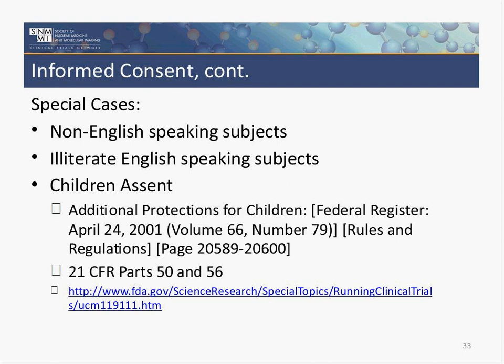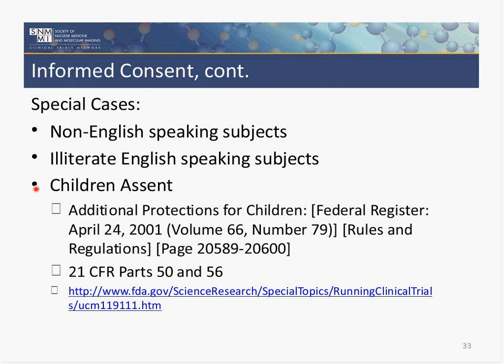There are special cases to help with non-English speaking subjects. There are often translators available. However, typically a sponsor will insist that the subject is competent enough in English to be able to understand, or will provide a translated consent form. There are ways that you can discuss informed consent with people who are illiterate.